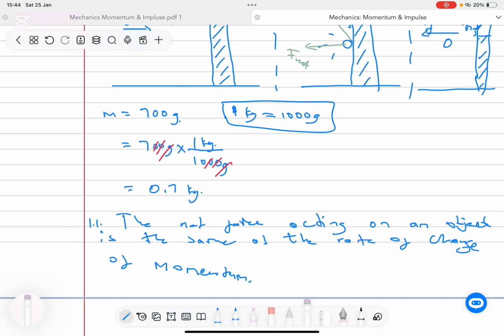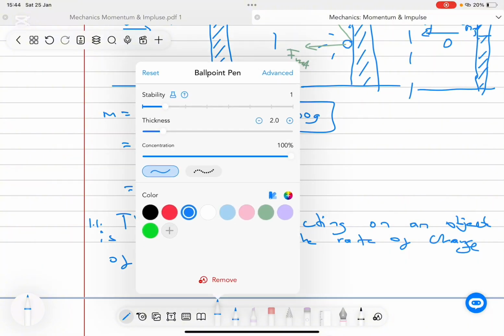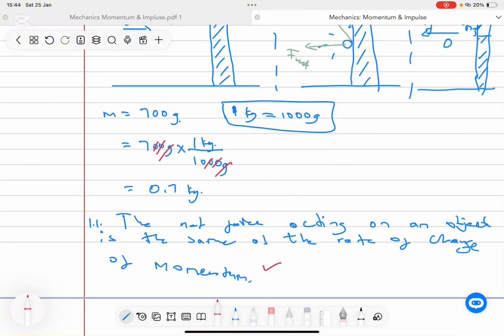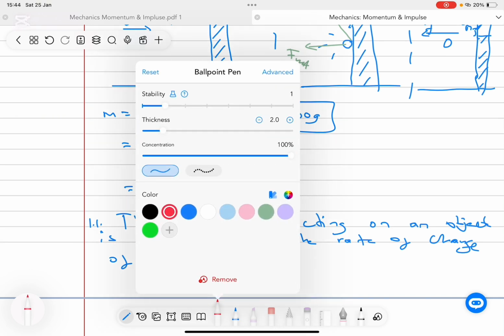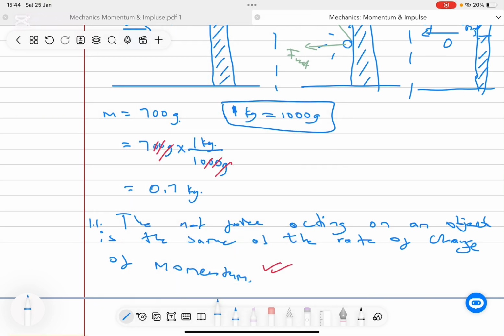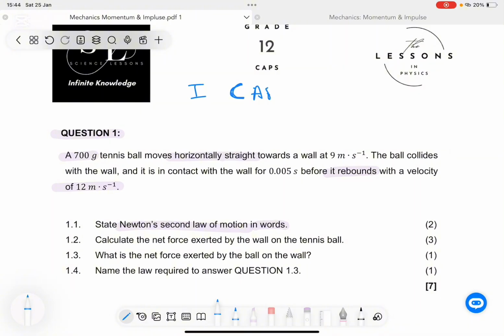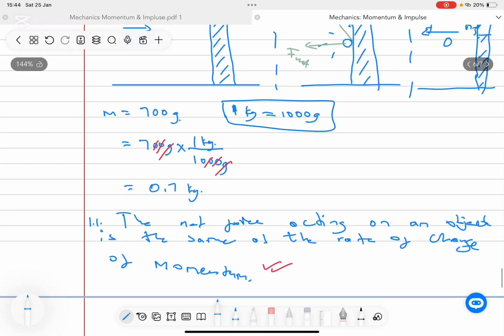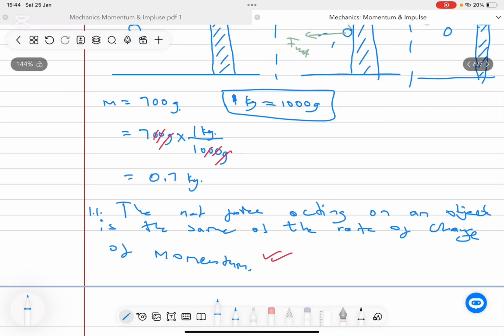This question is worth 2 marks, so they're going to give me 2 marks for writing that statement. But to get the full 2 marks, it is important to also do what we call N here, problem navigation. Problem navigation involves you looking at your answer after writing it down to see that it doesn't have mistakes and you wrote everything properly.